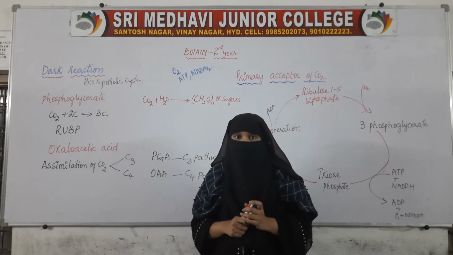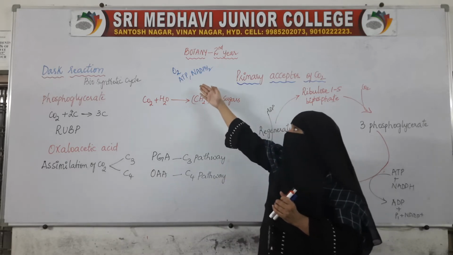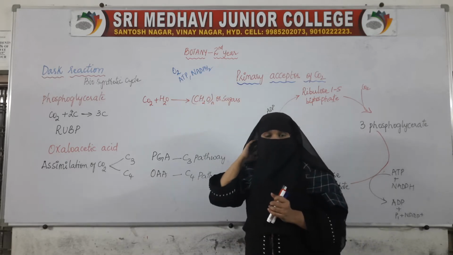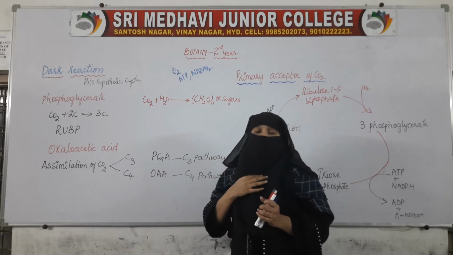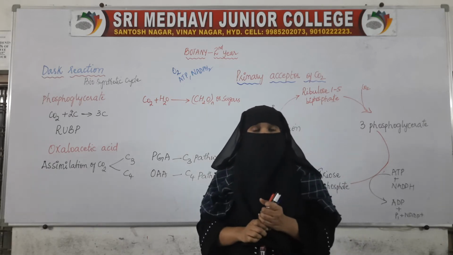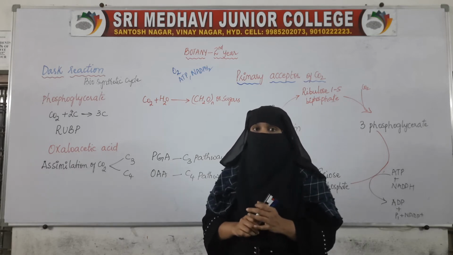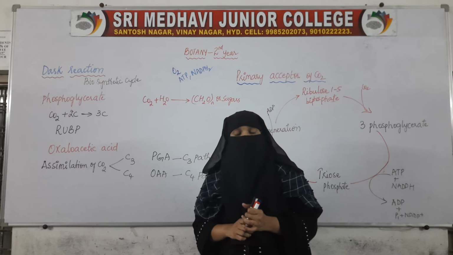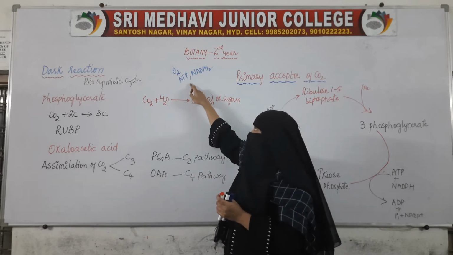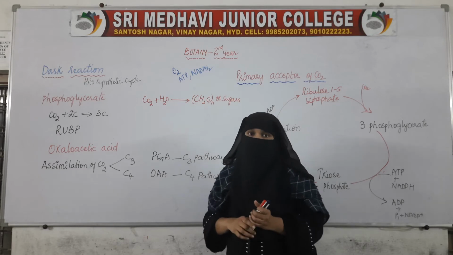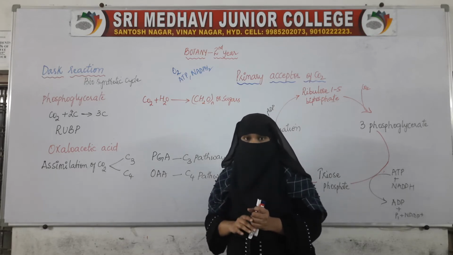Plants will take carbon dioxide and convert it into carbohydrates with the help of ATP and NADPH2. So this is what happens in the dark reaction.